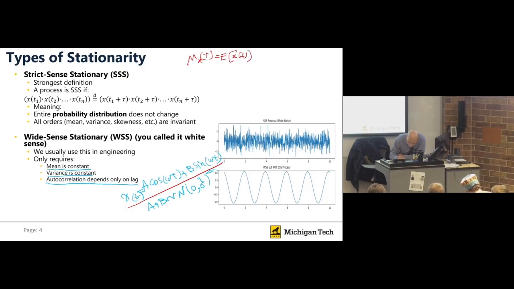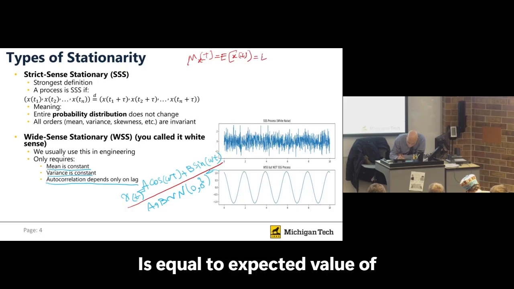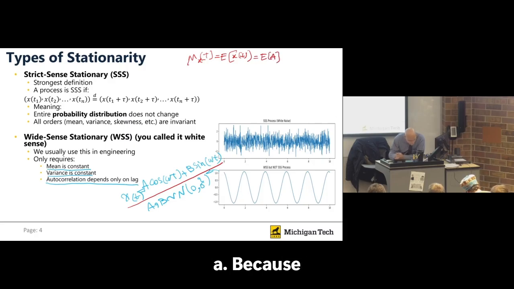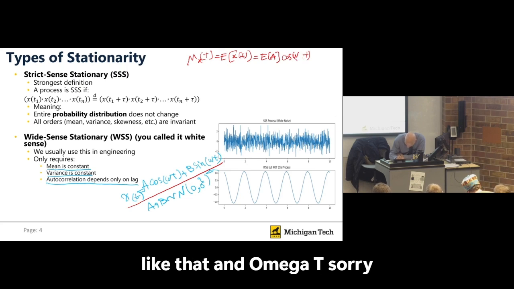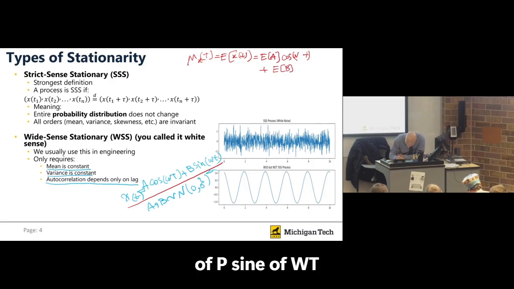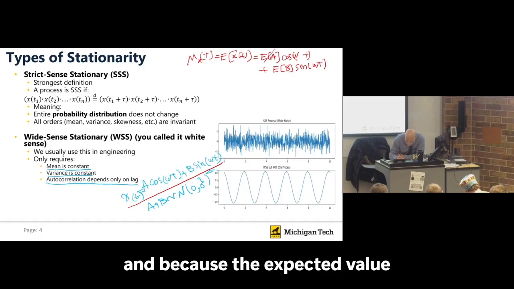and is equal to the expected value of A cos of omega t, plus the expected value of B sine of omega t.